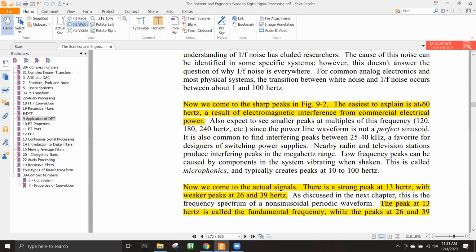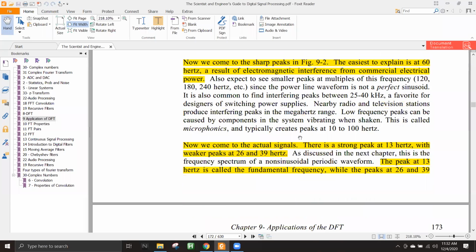Why are we assigning 60 hertz as coming from electromagnetic interference? That is because I think we have heard from our intermediate level current electricity that AC current always works in the 60 hertz range. So if the electromagnetic interference comes from outside, it will be at 60 hertz.